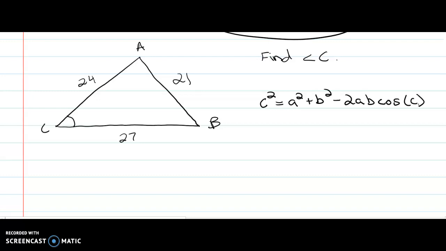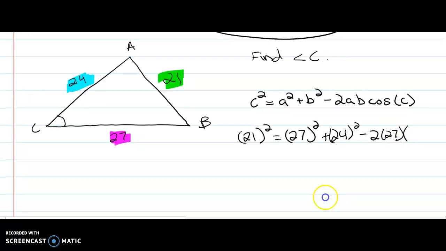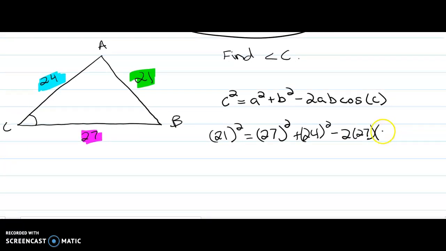Okay, so here I just plug everything in. So c is this side right here. So I'm going to have 21 squared is equal to, well, a is this side right here, so 27 squared. And then that's our b right here, plus 24 squared minus 2 times a, which is 27, times b, which is 24, times the cosine of c.